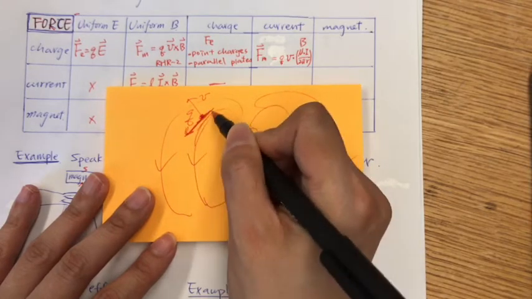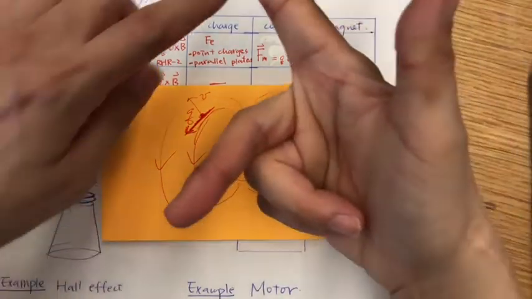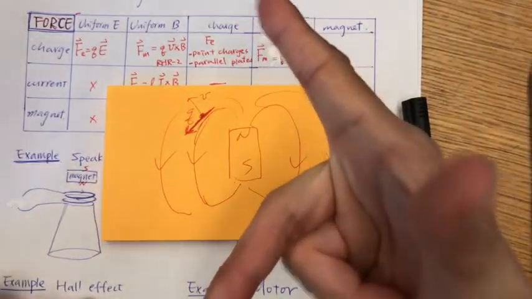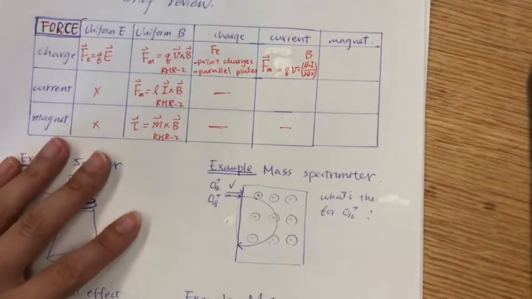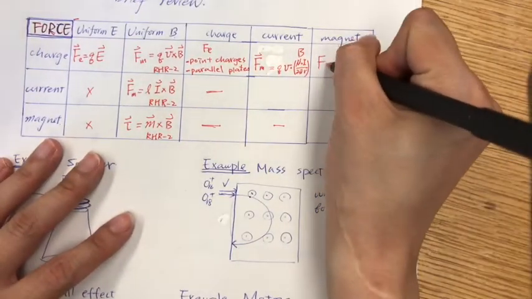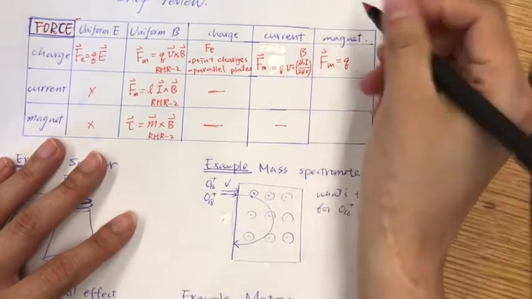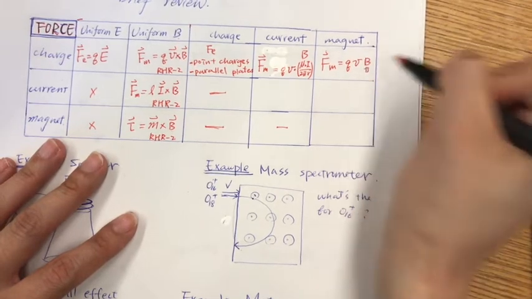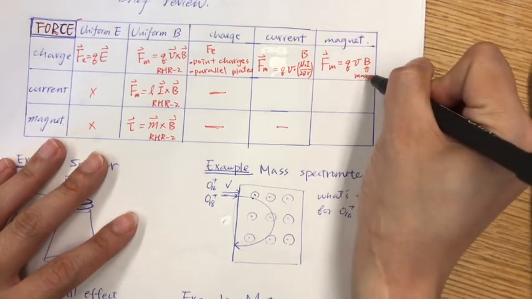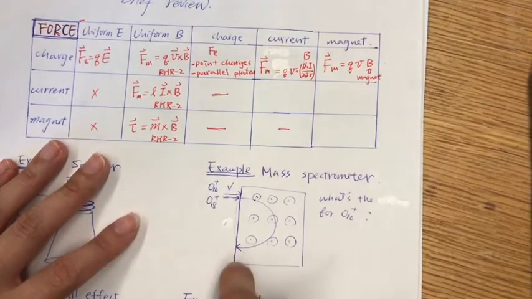If it's not moving, nothing happens. So V and B, and the force is going up. Again, this is another case where the moving charge feels a magnetic force, and this force is generated by the magnet, where before it was generated by the current.